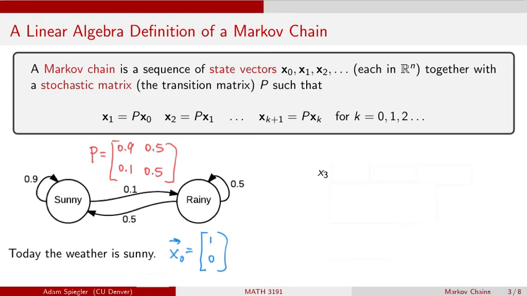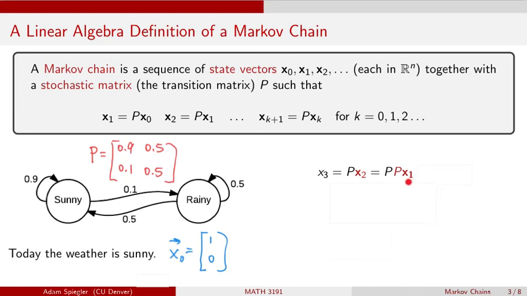That's going to be x3, and we do not know what this value is. But I know how to find it if I know what x2 is. I would take the state x2 and multiply it by the transition matrix. I don't know what x2 is just yet, but I do know that we find x2 by applying the transition matrix to x1.